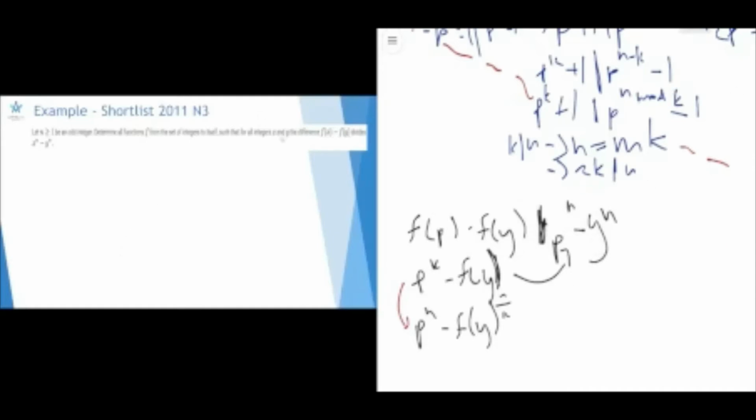So if we do subtraction, this means that p to the k minus f of y has to divide the difference of those two, which is y to the n minus f of y to the n over k.